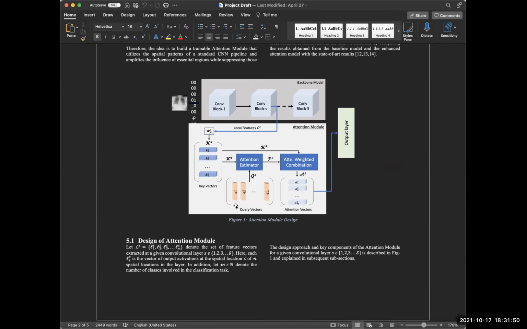Okay. And now we are trying to map this. What we are trying to do here is learn, in a way, which part of the disease vector is firing which section or area of the image.